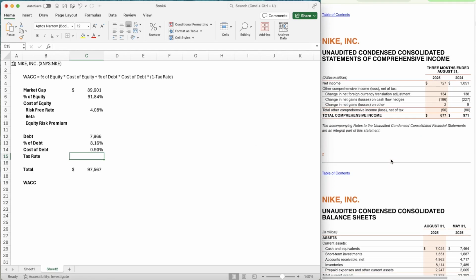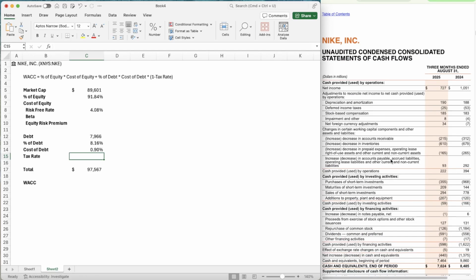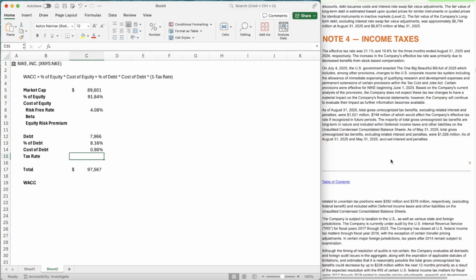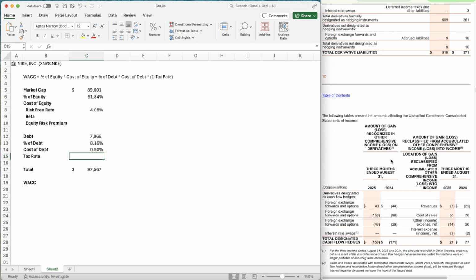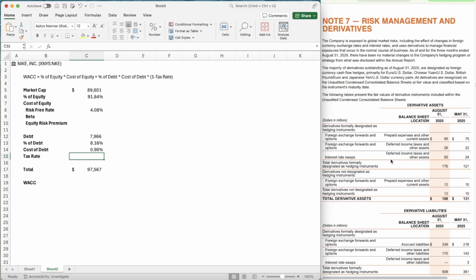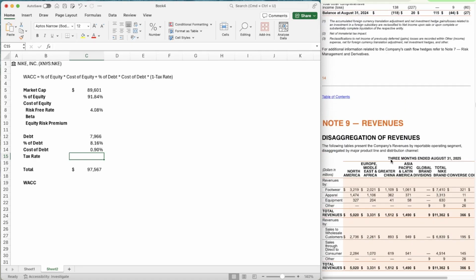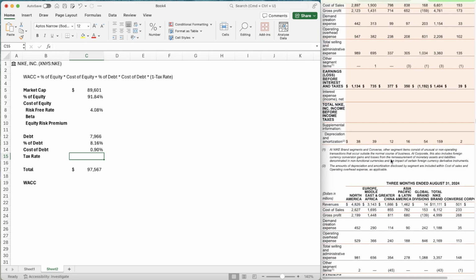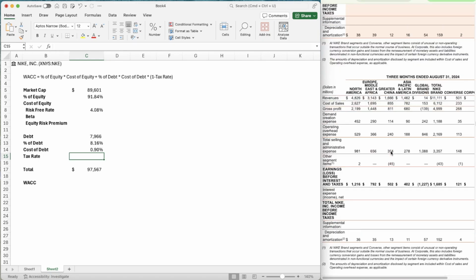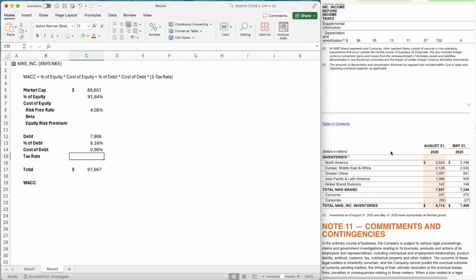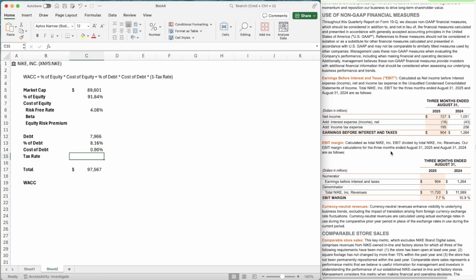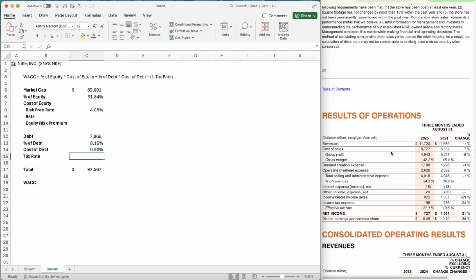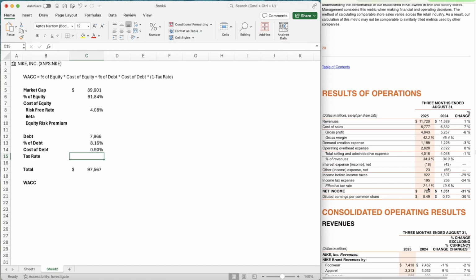Then I think it was 21.1% for the effective tax rate. Found that. Yeah, here it is, 21.1%.